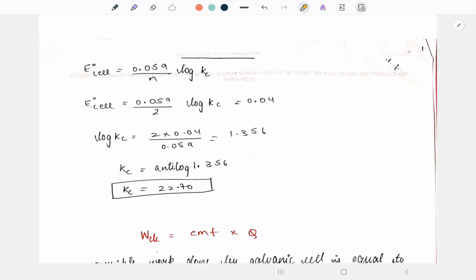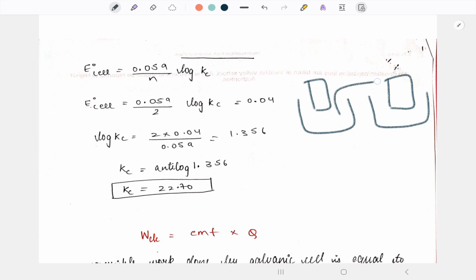Now we'll study what are concentration cells. So two electrodes of the same metal are placed separately in two solutions with the same electrolyte having different concentrations, and these two are connected with a salt bridge. So this is called a concentration cell. An example is the copper ion concentration cell.